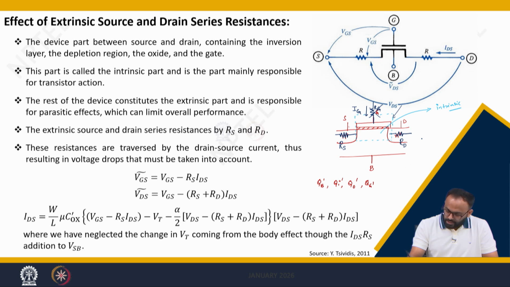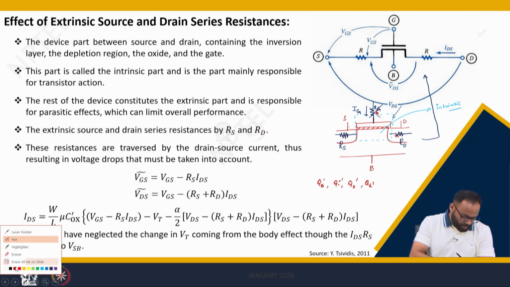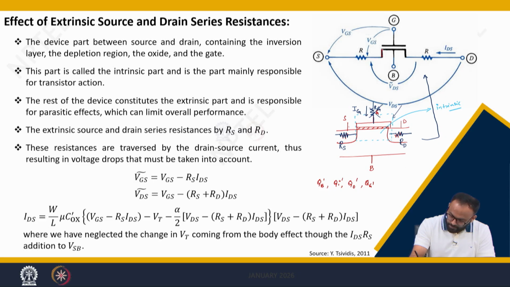So this schematic picture can be converted into a symbolic picture which shows that this black region is your intrinsic part, which has drain, source, and gate. As I mentioned, we are not considering the gate resistance because we are considering only the DC analysis at this stage.